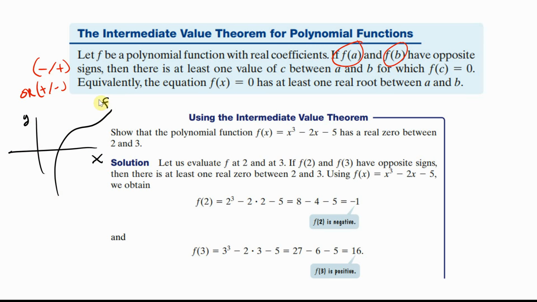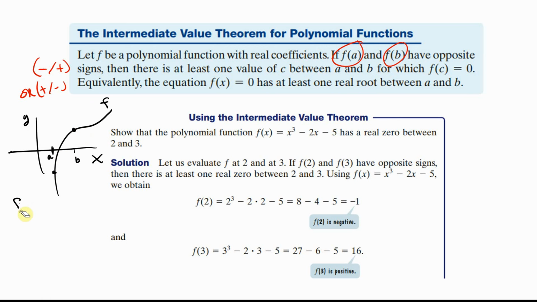Some function f. This is a, this is b. So here for a, then for b.